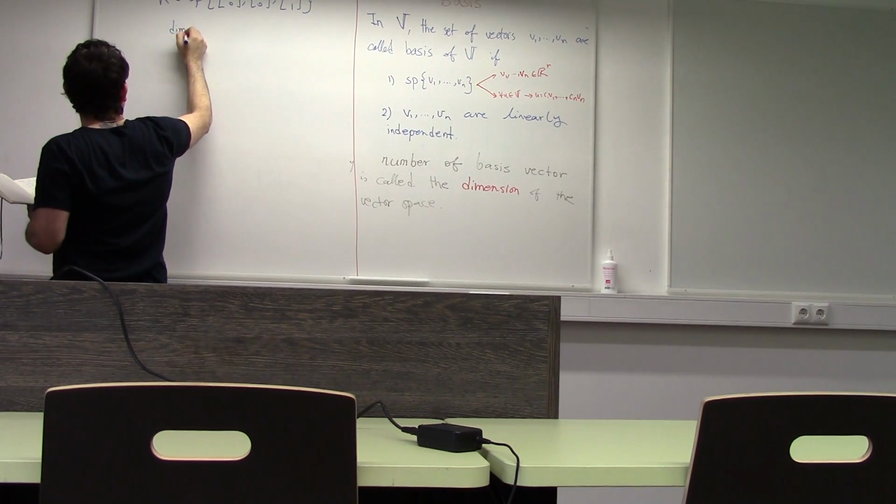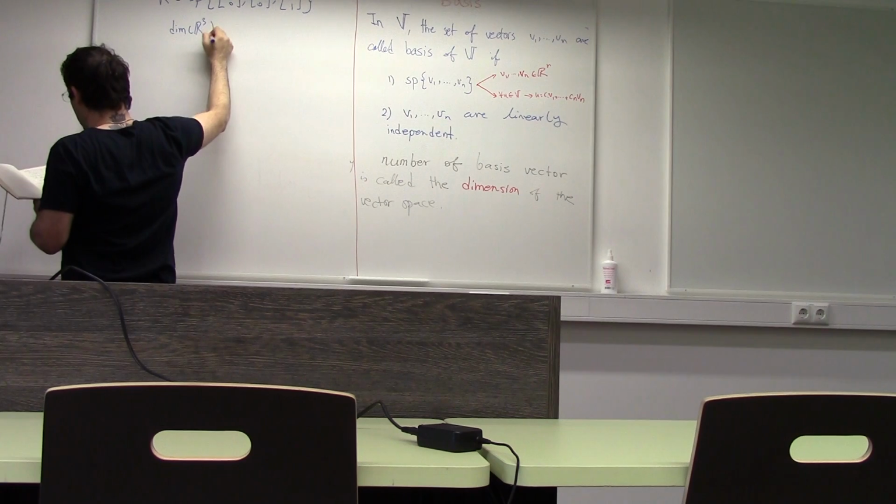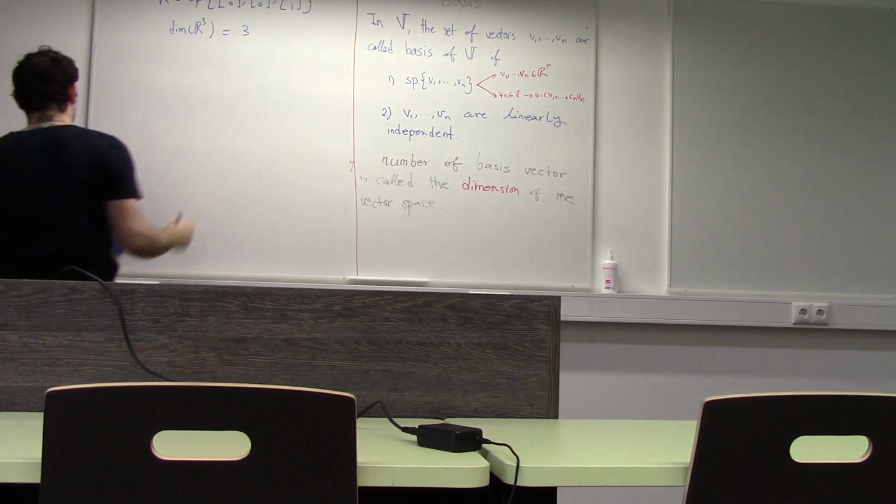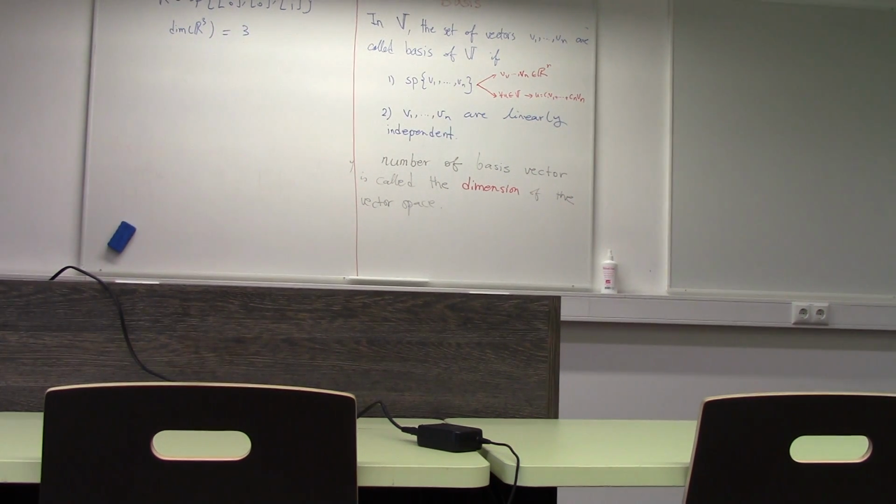And the dimension of R3 is 3. So the notation that something is spanning a particular vector space is the vector space equals span. This means that these vectors are spanning R3. Remember, bases are a subset of the span.